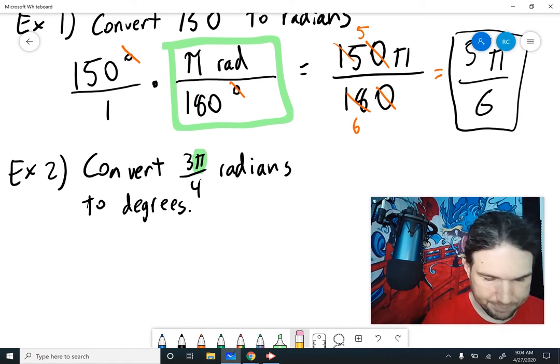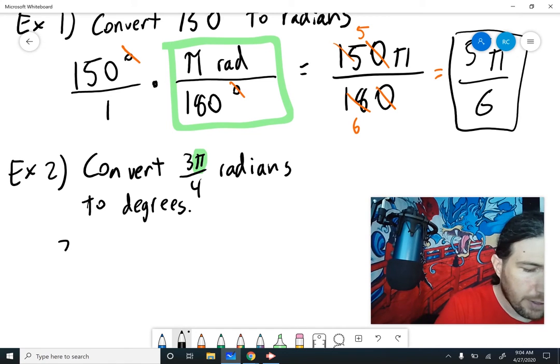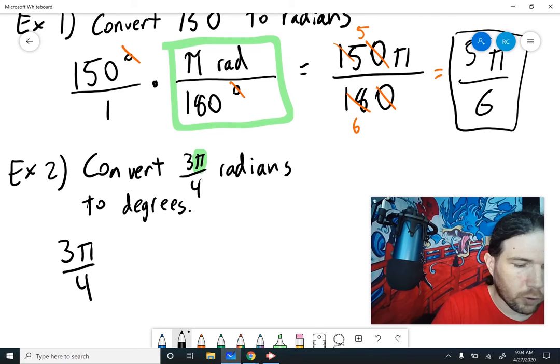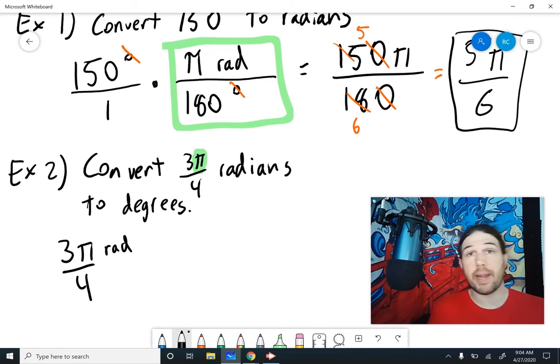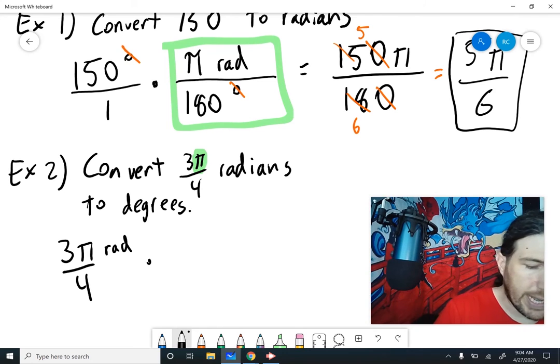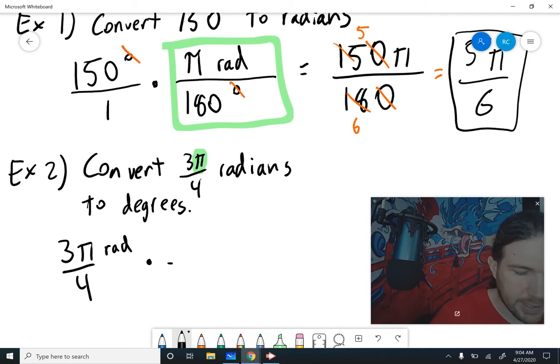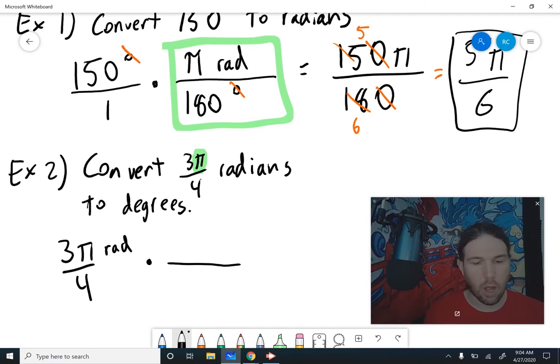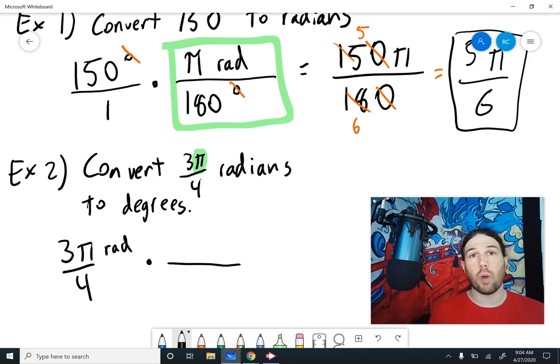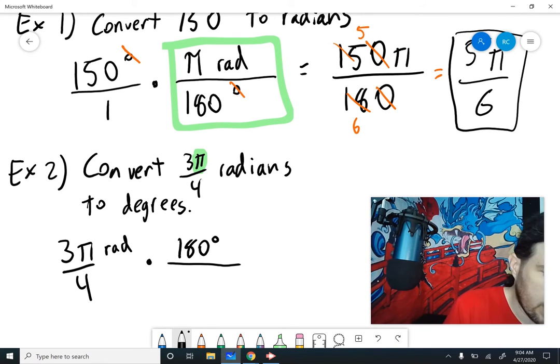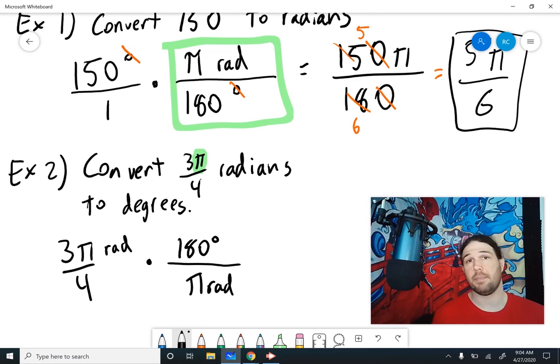Anyway, so we have 3 pi over 4 radians. Remember, radians are on the top of that fraction, right? So again, we're going to multiply by our scale factor, but since we have radians on the top, instead of pi over 180, we're going to put the degrees on the top and the pi radians on the bottom, right?